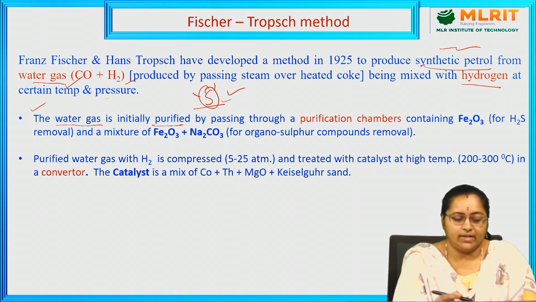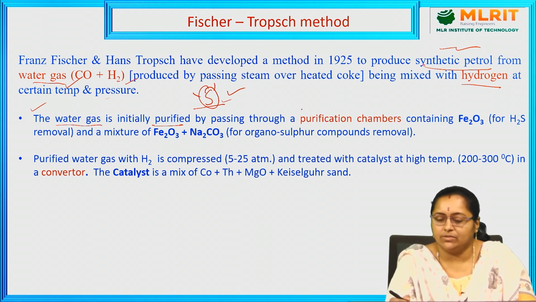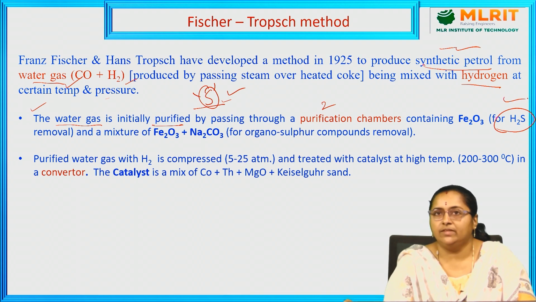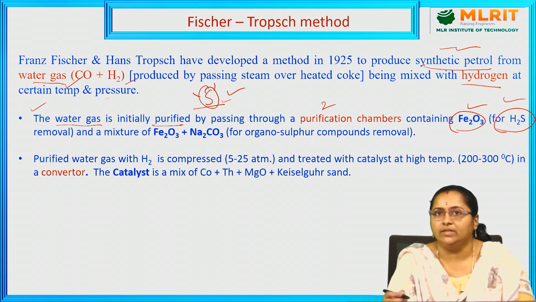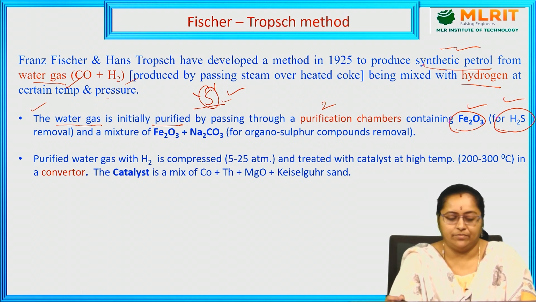The water gas after hydrogenation is subjected to purification by passing through two different chambers. The first chamber is meant for removing sulfur in the form of hydrogen sulfide. For this we use Fe2O3. That first chamber has plates filled with Fe2O3, which remove the sulfur in hydrogen sulfide form.